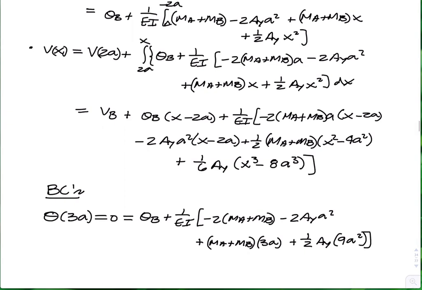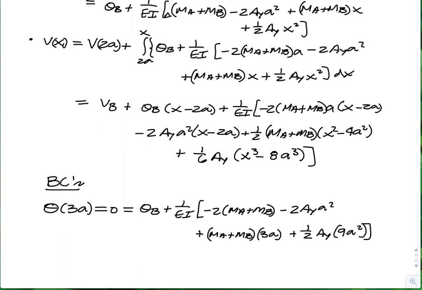So that's one equation. We're up to equation 5, I think. And then v at 3a, to enforce that boundary condition, it's 0. So that's vb, which we found back in equation 4.